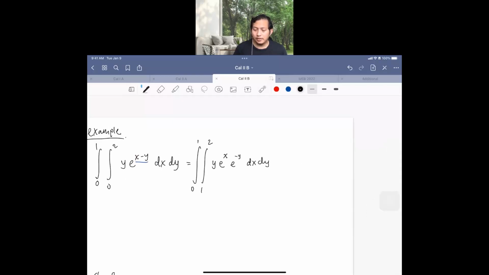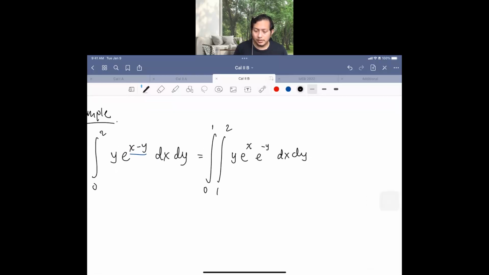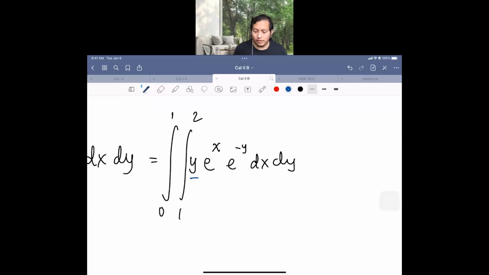And what we can do next is we could take this y and x into groupings. Okay, so we can group all these variables.